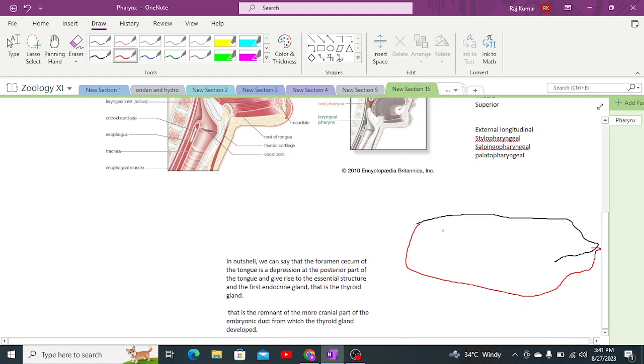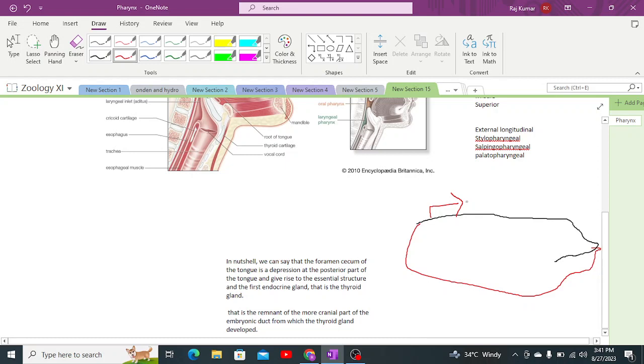So here is a ring-like structure, known as the tonsillar ring around the pharynx. This tonsillar ring is present at the backward side of the pharynx, or at the backward side of the throat as well.